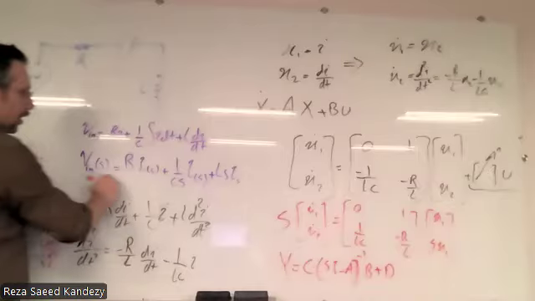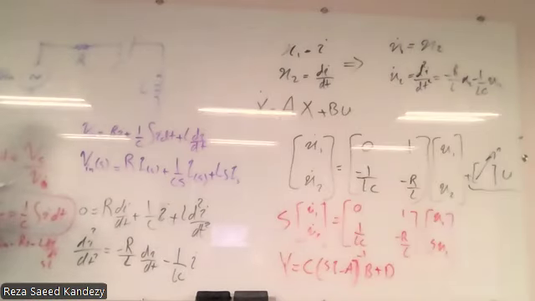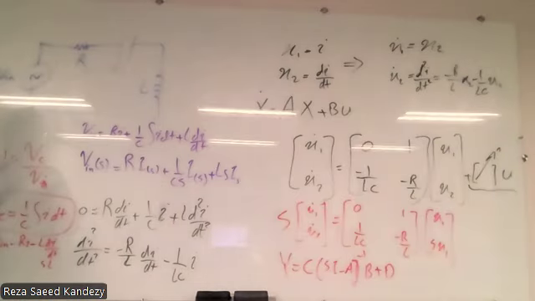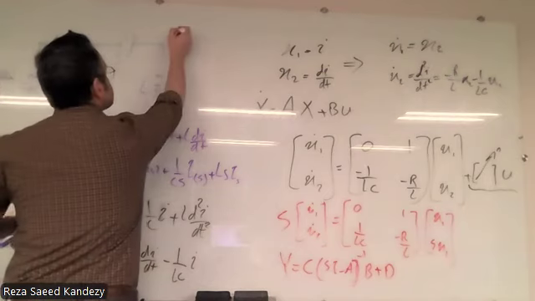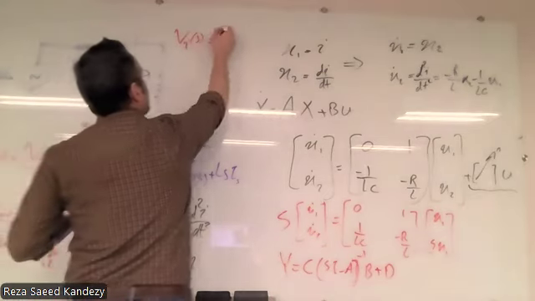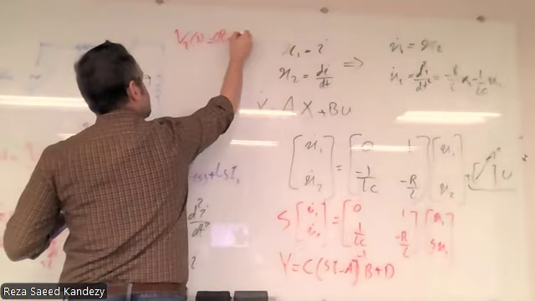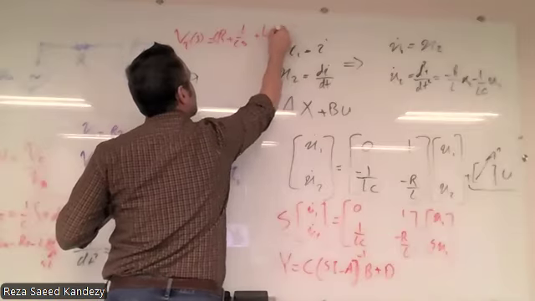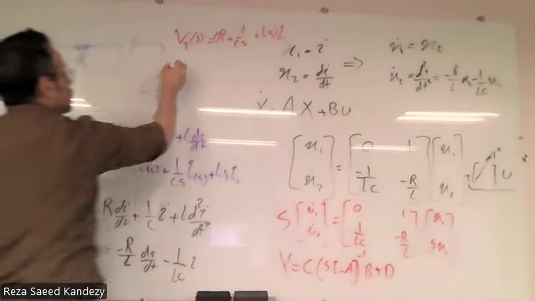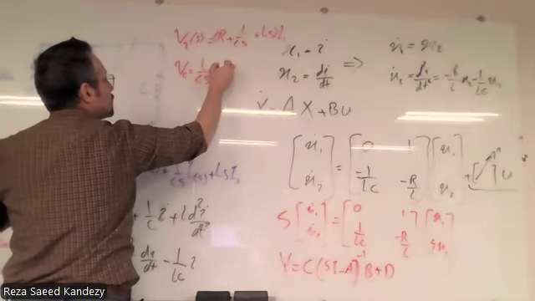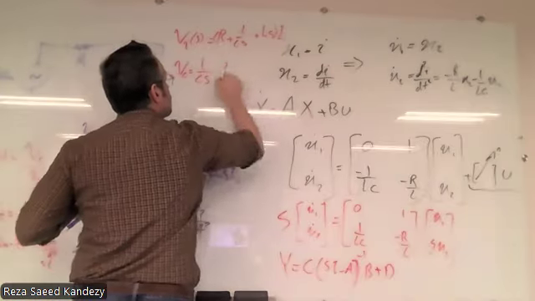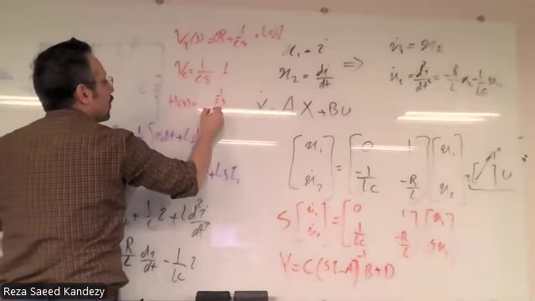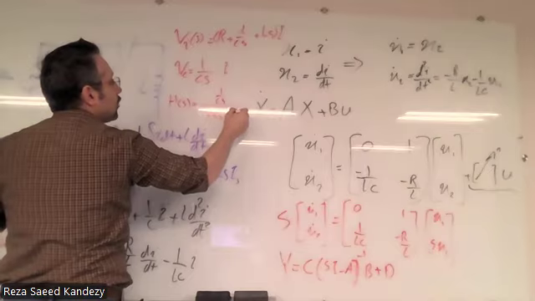If we wanted to use this part, we know the VI is R plus 1 over CS plus LS times I, and our output is 1 over CS times I. So the H of S is going to be VC over VI, 1 over CS over R plus 1 over CS plus LS.